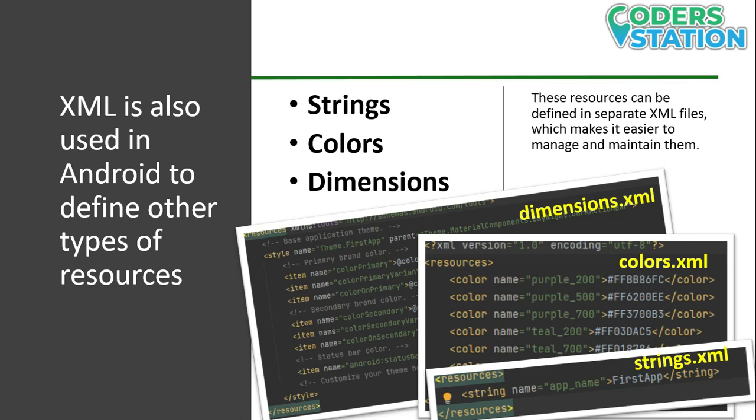So if we are going with a specific theme, there is no need for us to call that particular string and color in each and every activity that we will be creating. The only thing is that we need to refer to this particular dimension.xml file.